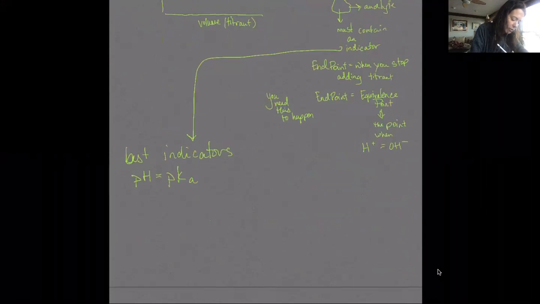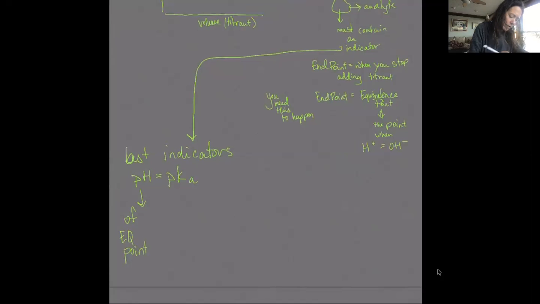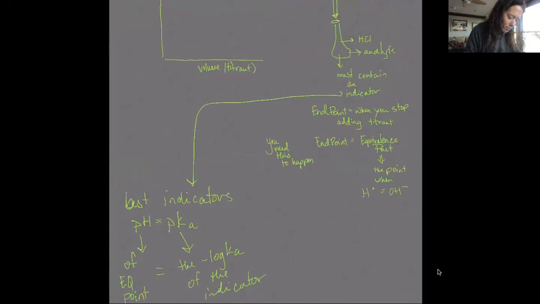So the pH of the equivalence point, right? We'll talk more about that, needs to be equal to the negative log of the Ka of the indicator. Okay. I think I did that right. I think, to be honest with you, I'm pretty sure I got that right.